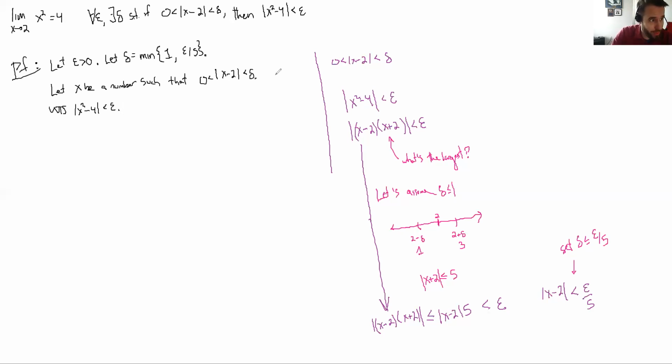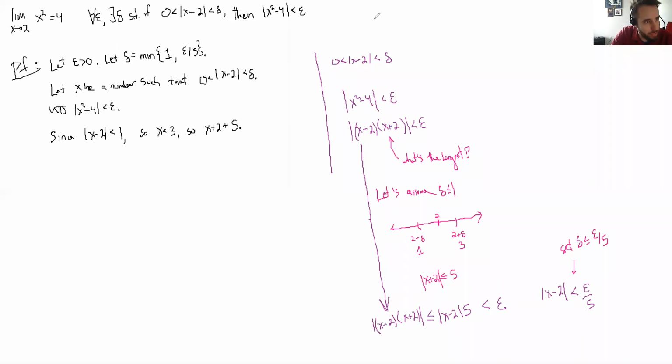Well, since we know that |x minus 2| is less than delta, and we know that delta is less than or equal to 1, we know that |x minus 2| is actually less than 1, which means x is less than 3. And so x plus 2 is less than 5.